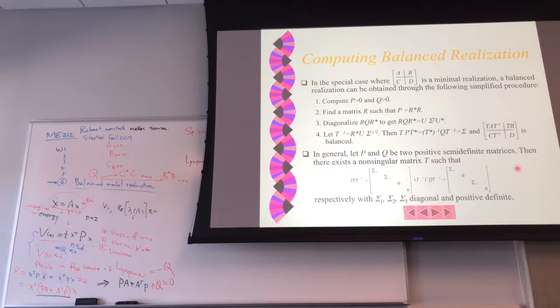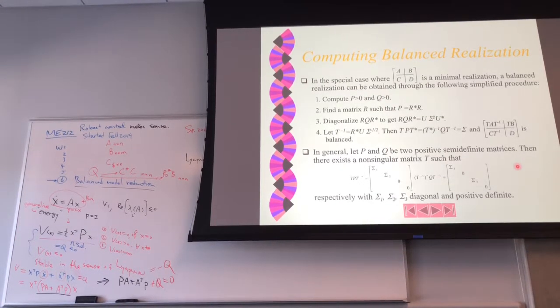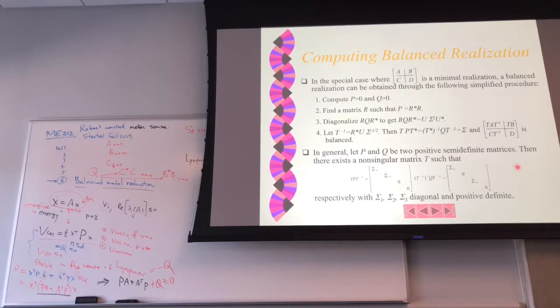How? So we can go backwards. Given this one, we choose the P, any P, Q, then we get this T. So the inverse of the T should be R transpose U, and sigma square root.